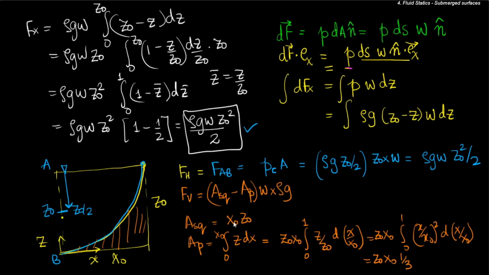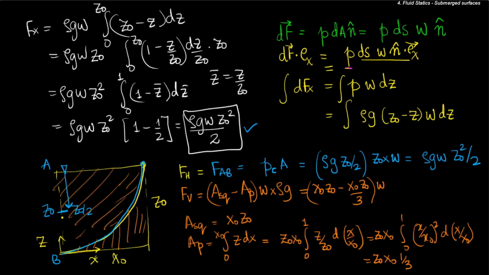So area of square minus area of parabola is x naught z naught minus x naught z naught upon 3, times the width into the plane. This is the volume of this particular area on top of the curved surface, times rho g.